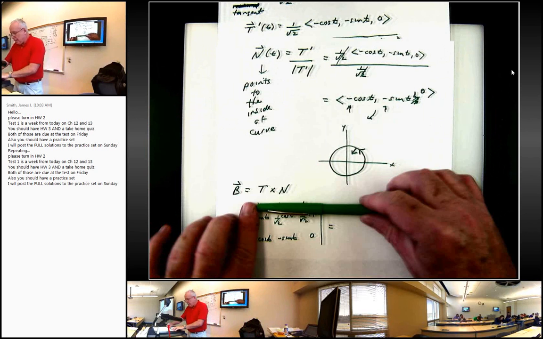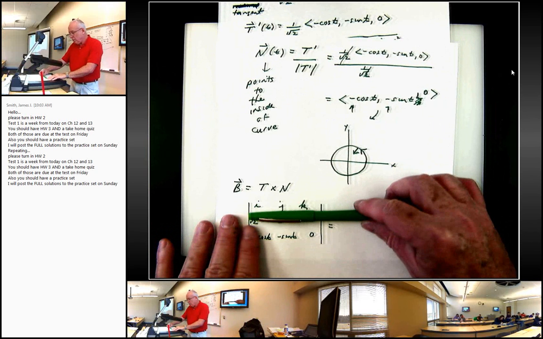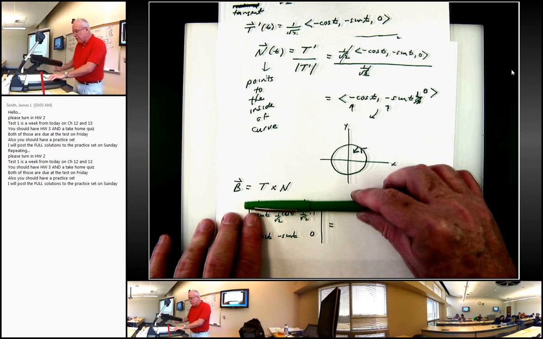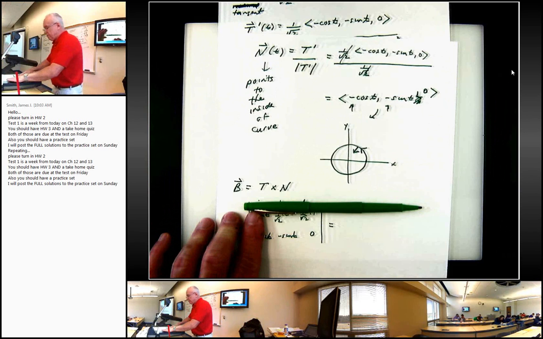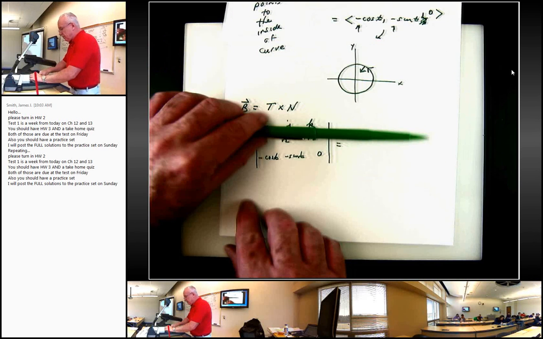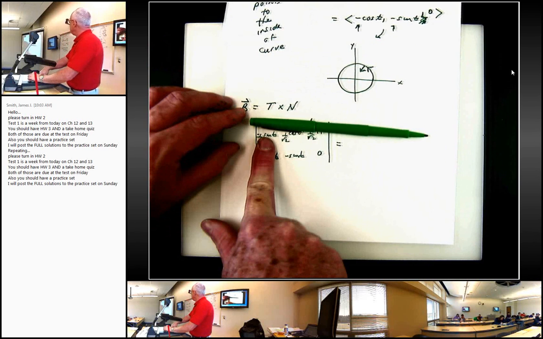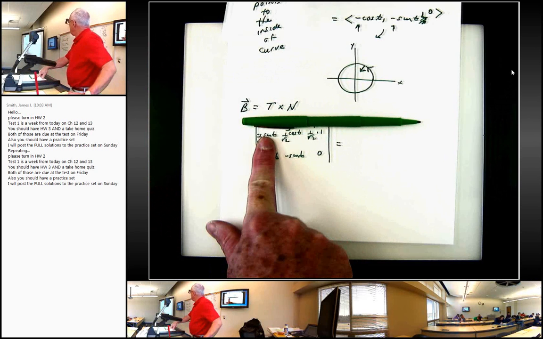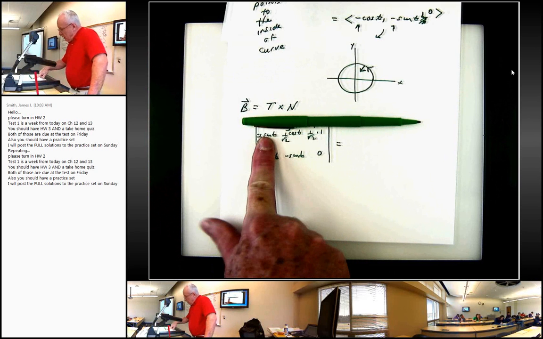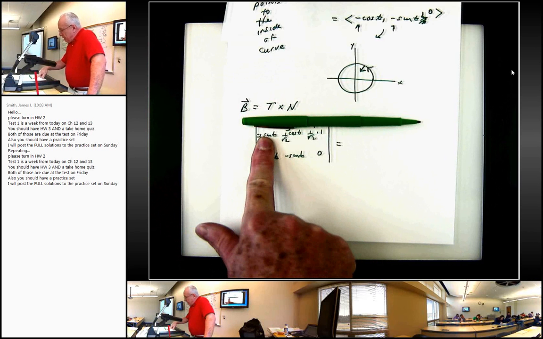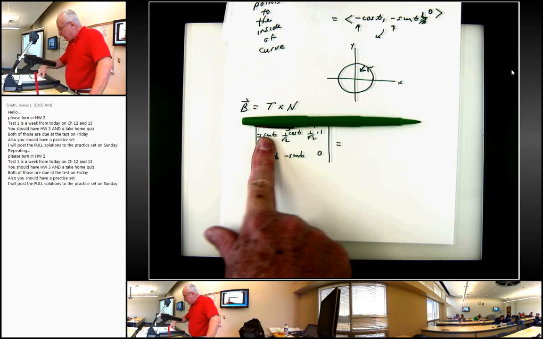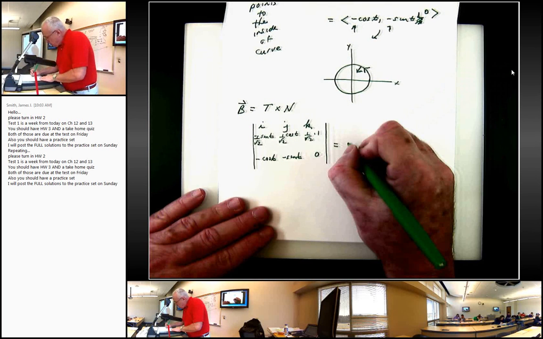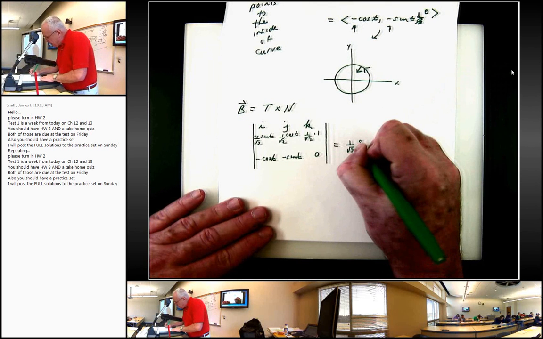So for the i component, when we cross out the first row and the first column, we're going to get 0, and we're going to get a double minus, so we get 1 over the square root of 2 times the sine of t.